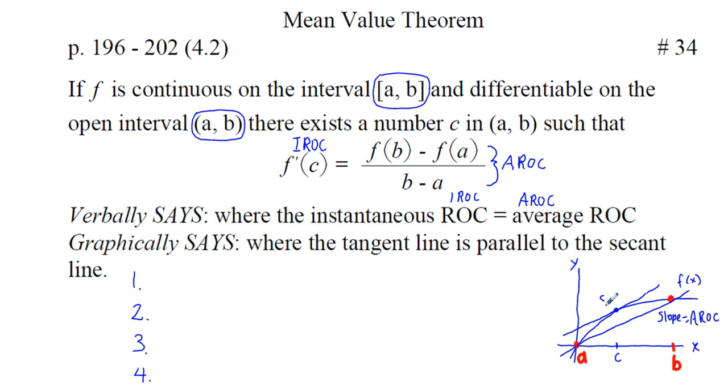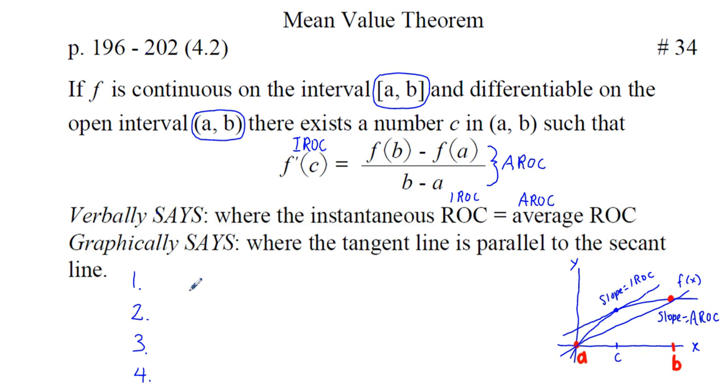So in this case, our slope is going to be equal, we call this instantaneous rate of change. So IROC equals AROC.